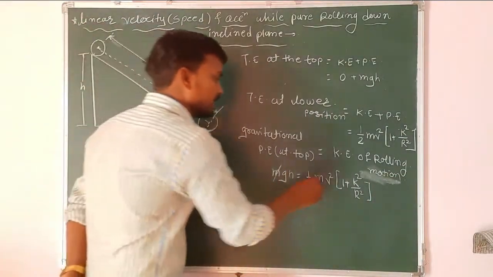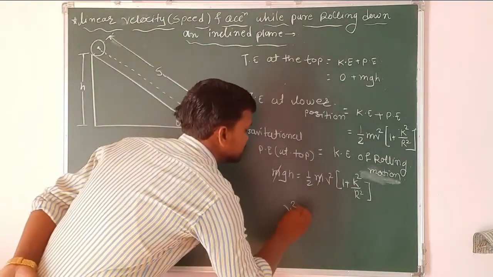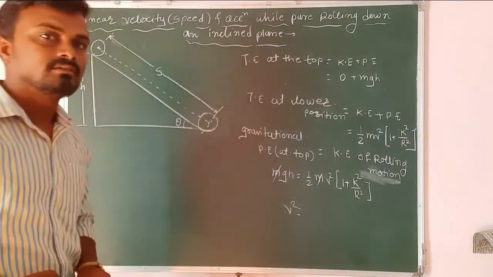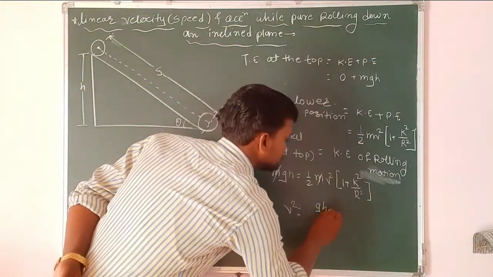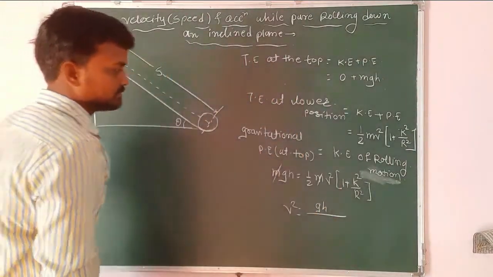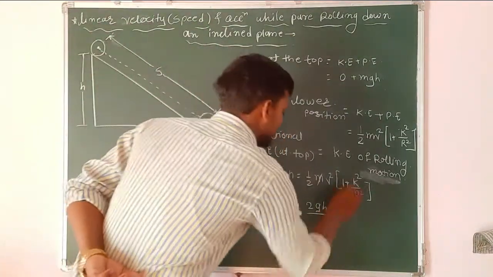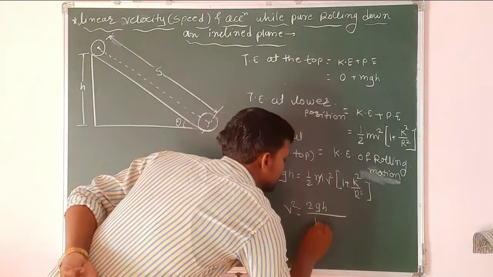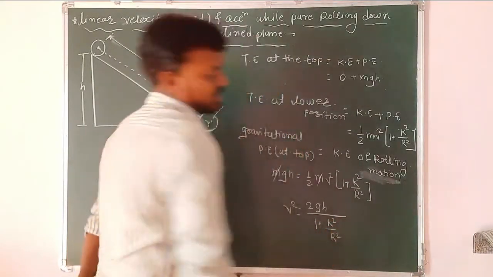In this equation, m and m get cancelled, and v square is equal to twice gh upon 1 plus k square by r square.